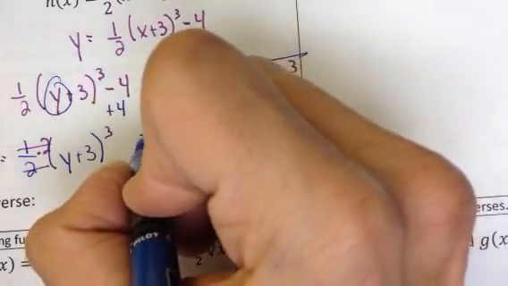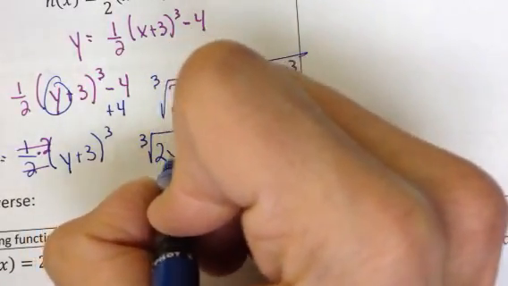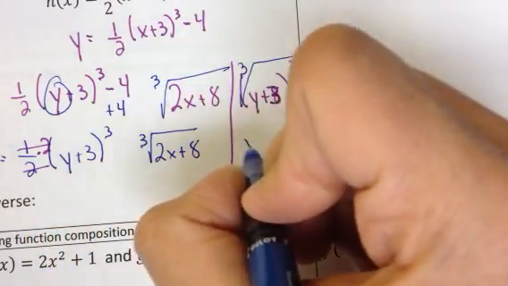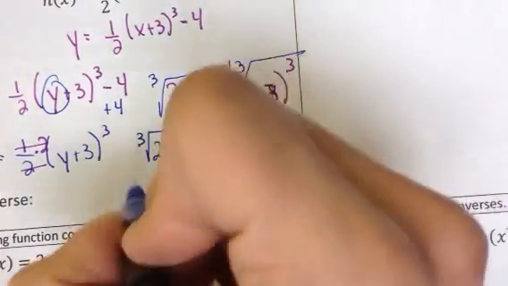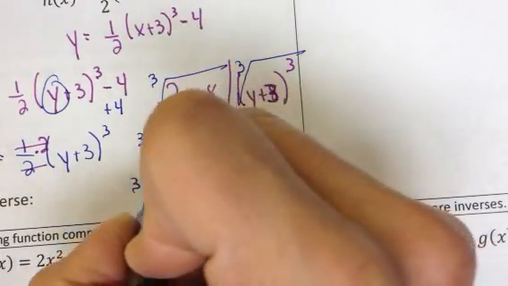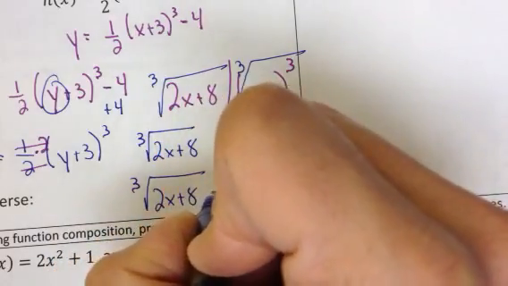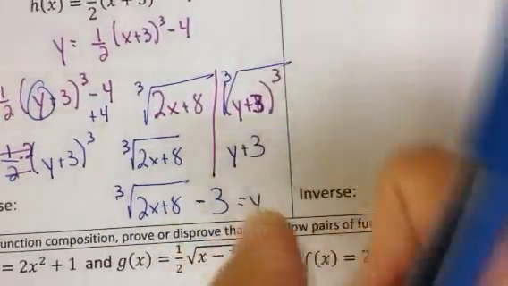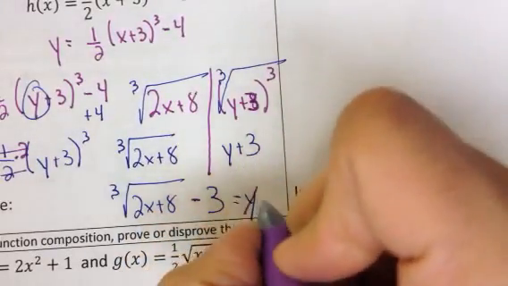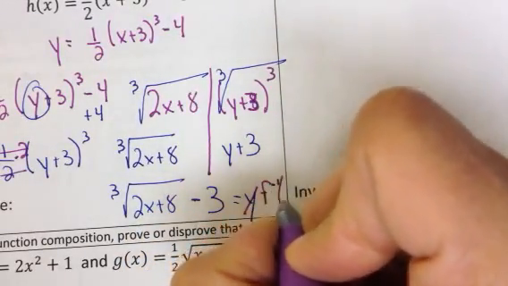So it means on this side I just have the cube root of 2x plus 8. And on this side I have y plus 3. And now I'll get y by itself. I'm just going to subtract 3 to the other side, which this is in the cubed root, and that minus 3 is going to be outside of the cubed root. And that's your function.